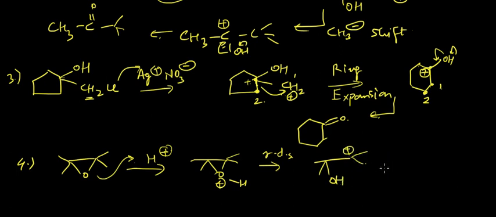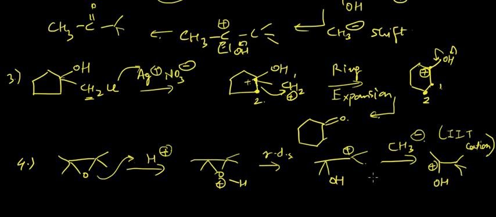Okay, now what will happen is again a CH3 shift. Why? Because we cannot leave our IIT cation behind, which is highly stable. This is our IIT cation.